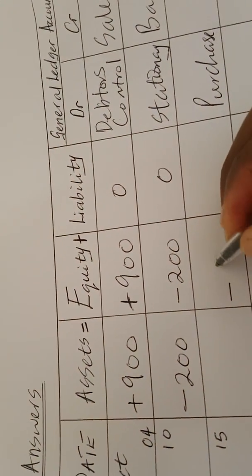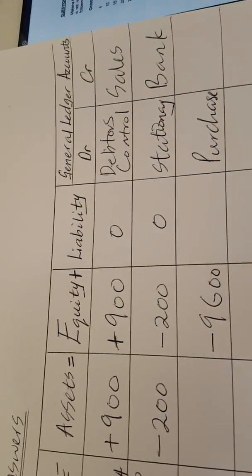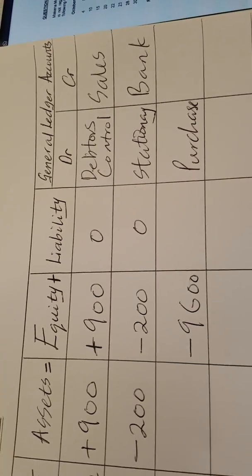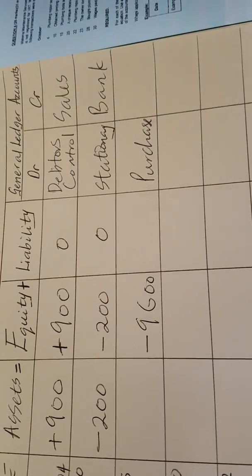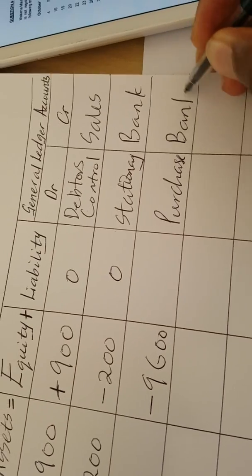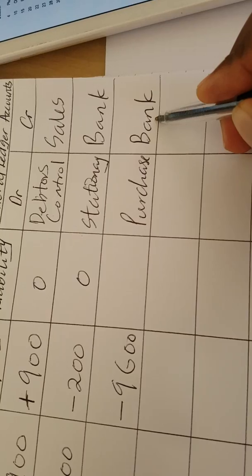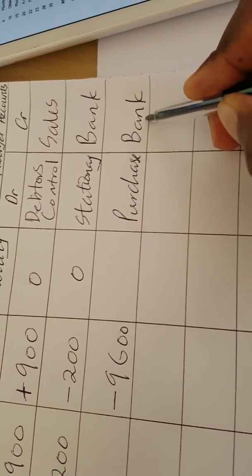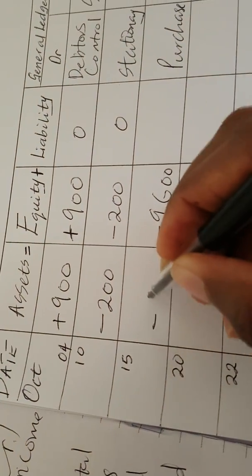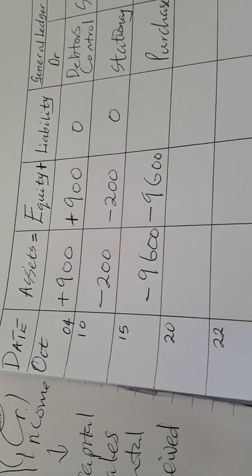And then where did they get this 9,600 from? Obviously, from the bank. So since the bank is an asset, it's going to be affected negatively, so we'll credit the bank. Why did you credit the bank? Because the bank is going to pay out 9,600, so it's minus 9,600 of the bank. Since the bank is an asset, that is why I'm writing under the column of assets.